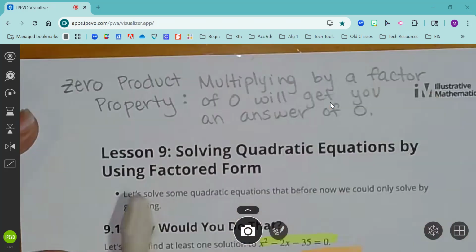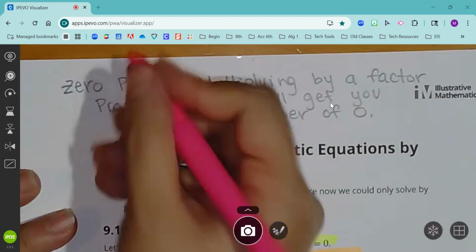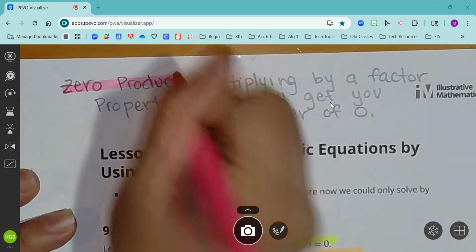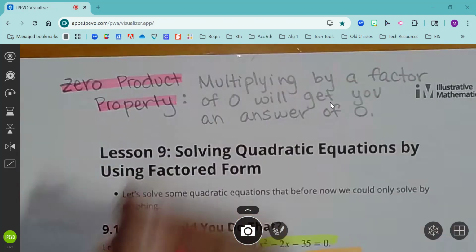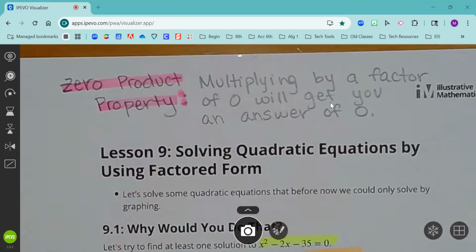So that's the idea with the zero product property.